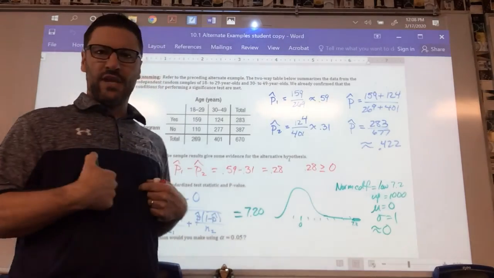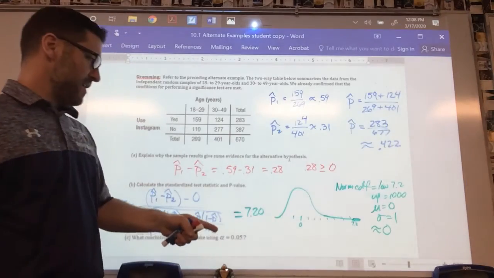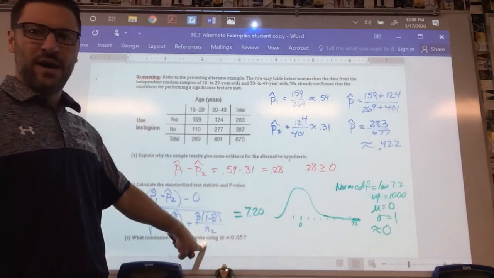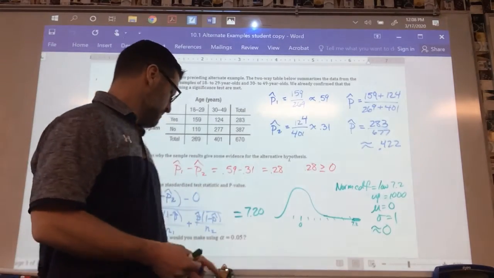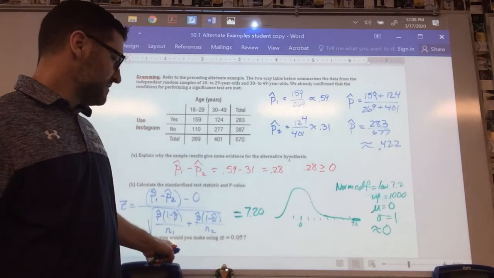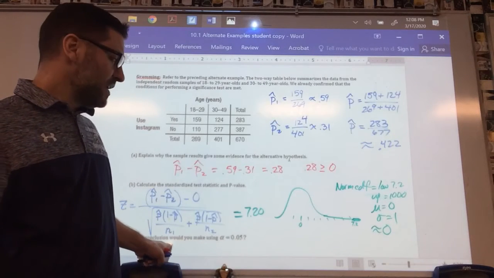Well, if the p-value is low, the null hypothesis must go. I'd write that in there. If the p is low, H of O must go.